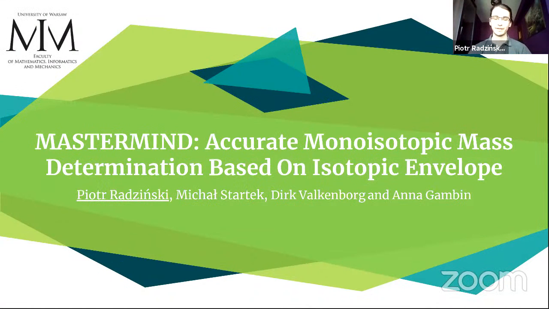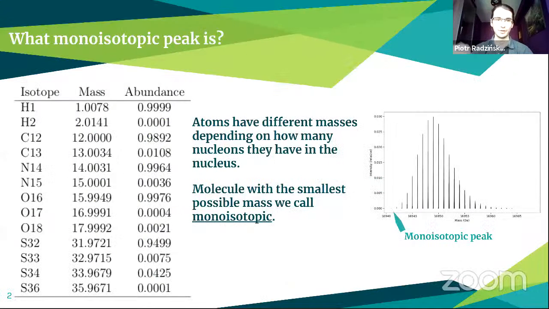Hello, everyone. I would like to present our work about predicting where the monoisotopic peak is. At the beginning, I would like to just remind what monoisotopic is, because maybe someone doesn't know. On the right, there is a theoretical spectrum, so it's a perfect mathematical object.